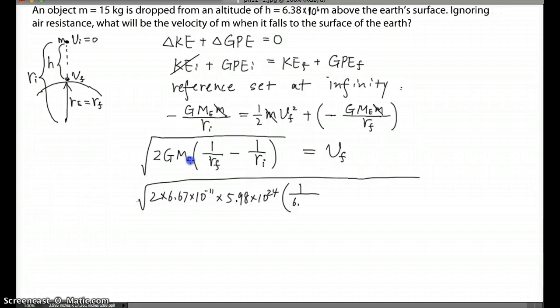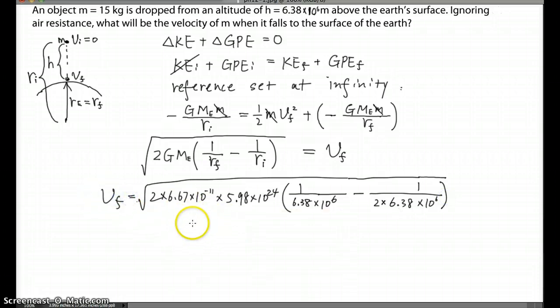I forgot to put an E here. 6.38 times 10 to the 6. Subtract the initial distance, which is actually 2 times the radius. So 2 times 6.38 times 10 to the 6. Okay, so that's the final, of course.